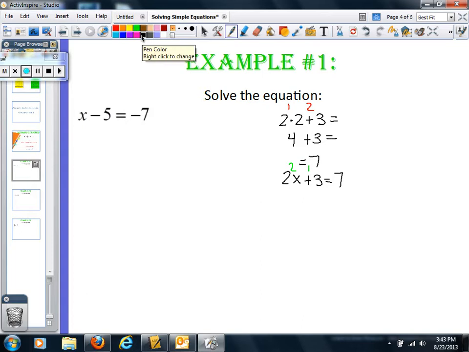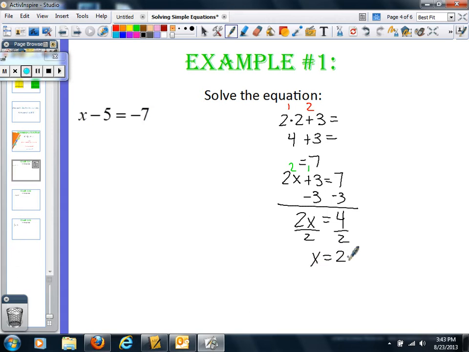So I would subtract 3 from both sides. I would get 2x equals 4. Then I would divide by 2, and I would get x equals 2. So whenever we are solving equations, you're going to do your PEMDAS backwards.